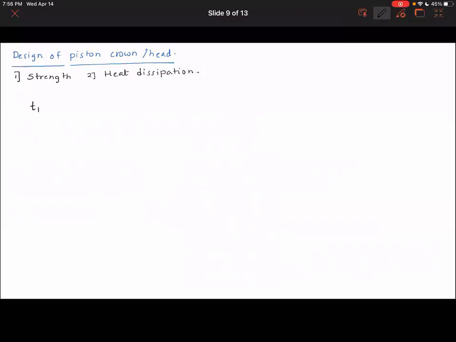So TH is equal to three times P times D square divided by 16 sigma T. Now P is the maximum pressure.